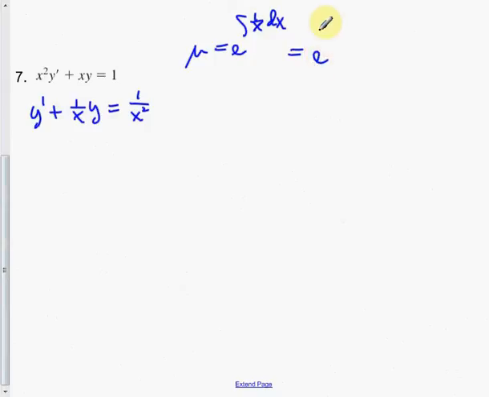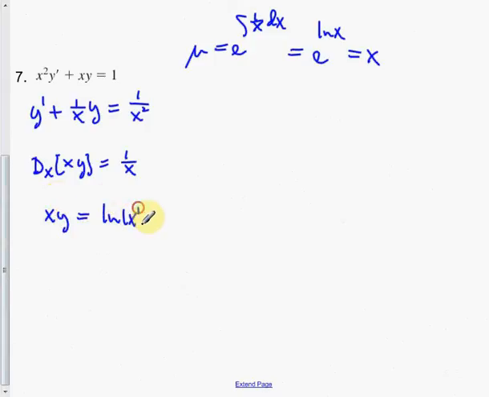Well, this is e to the natural log of x, so it's just x. Right? So the left side automatically is the derivative of the product of the integrating factor x times the dependent variable y is equal to the integrating factor x times 1 over x squared, which is just 1 over x.